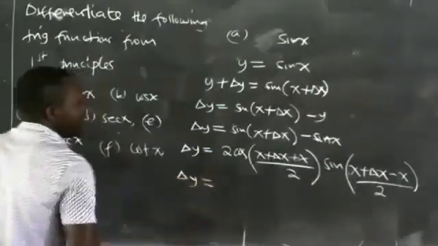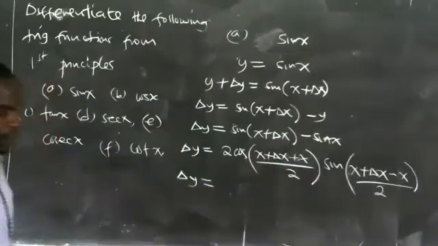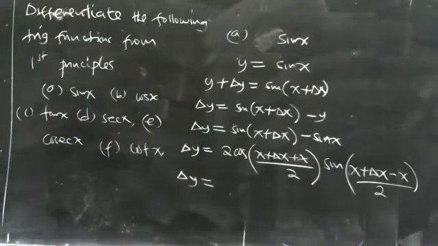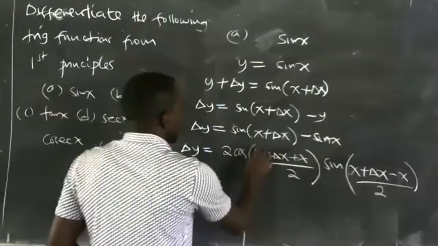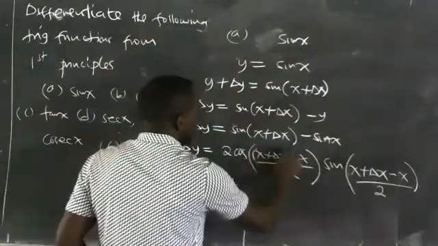Excuse me, teacher. Yes. Teacher, why didn't you put brackets for the second sine? Here, when you had sine of x plus change in x, why didn't we put brackets? Because this negative is going to affect.